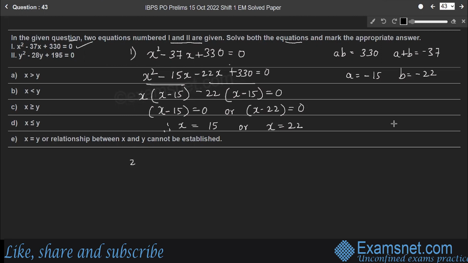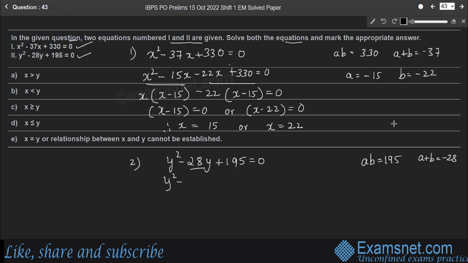Now find the value of y. By considering the second equation, y square minus 28y plus 195 is equal to 0. Here AB is 195 and A plus B is minus 28. Now split the middle term.